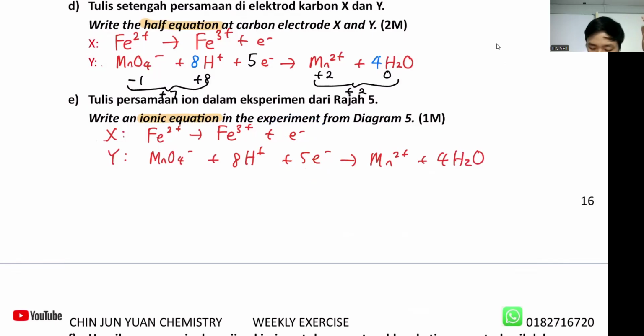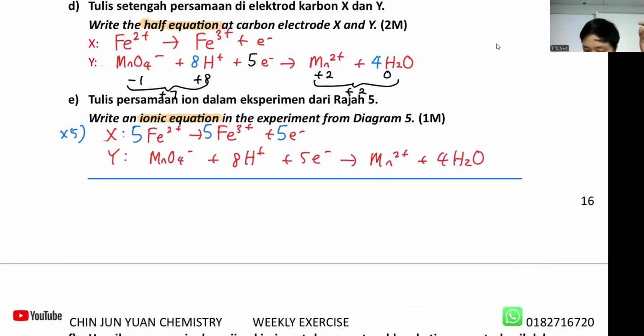For the Fe half equation, what should I do? The whole thing multiply 5. You see, now it becomes 5 Fe2 plus, 5 Fe3 plus, 5 electrons. Then only I write the final answer without including the electron, obviously.